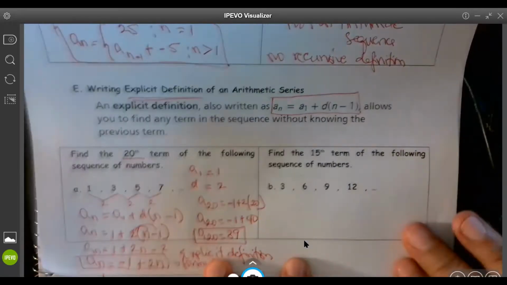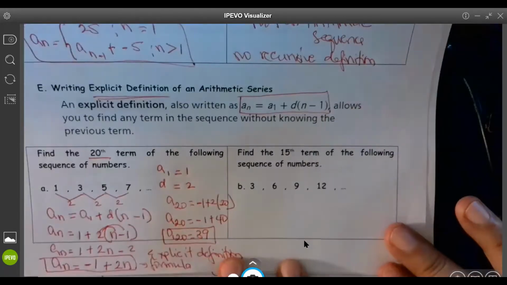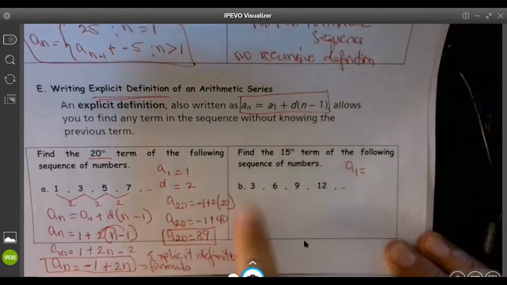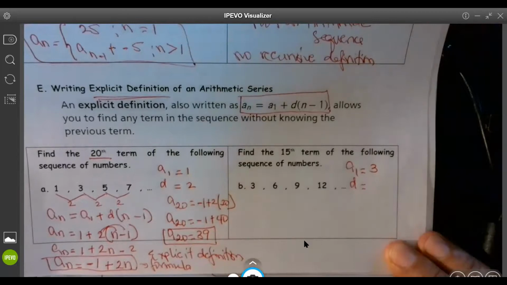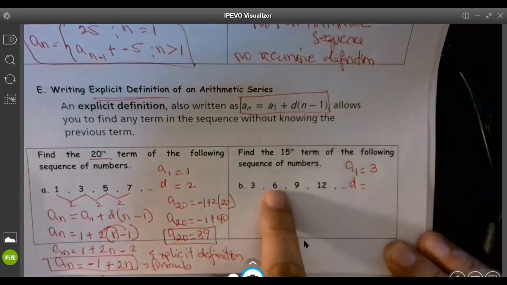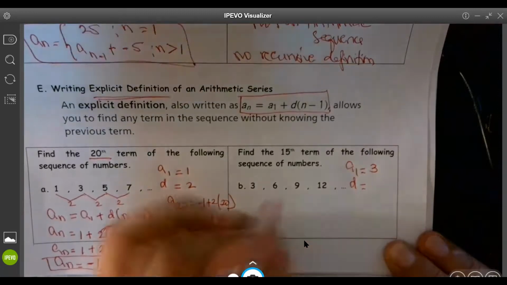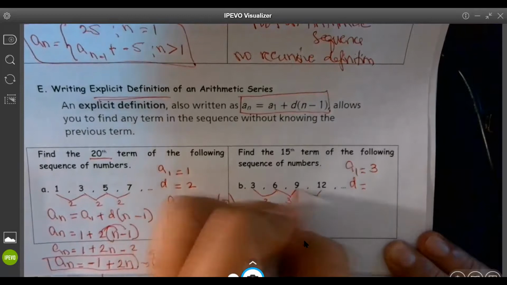Okay? So let's try to solve the last one. What is a1? The first term is 3. And then d, the common difference, is 6 minus 3 is 3, right? 9 minus 6 is 3. 12 minus 9 is 3.